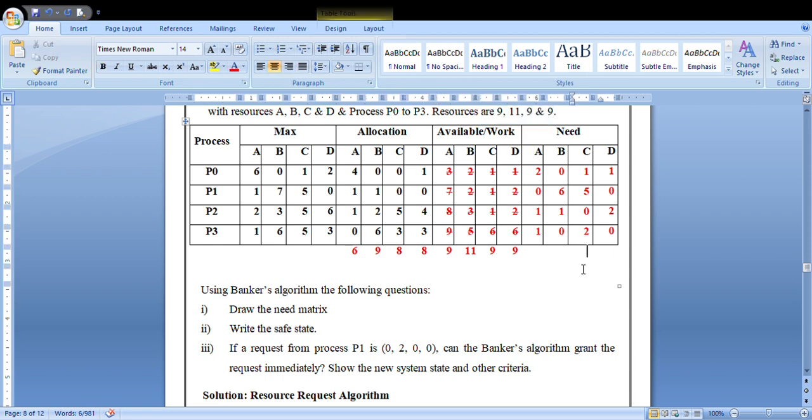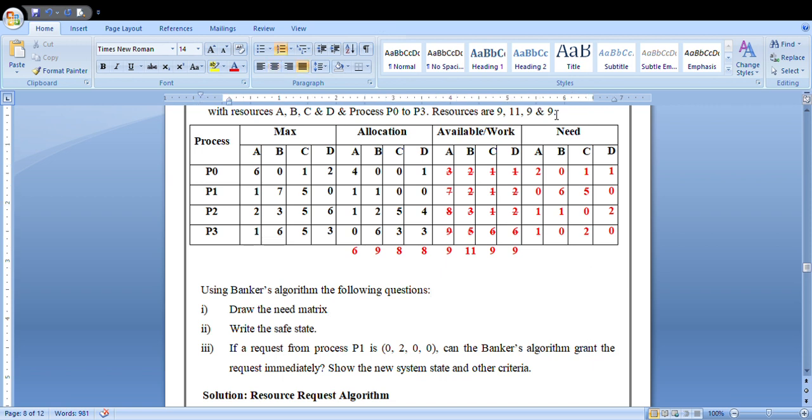You can verify your answer based on this also, whether you are allocating the resources to the processes rightly or wrongly. The total number of resources given should be equal to the final available value at the end, for each and every resource.